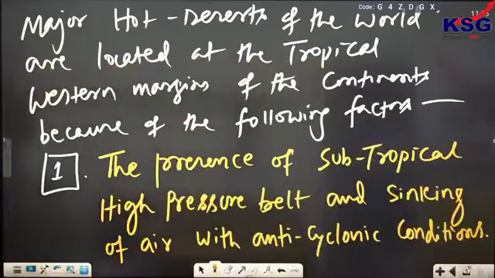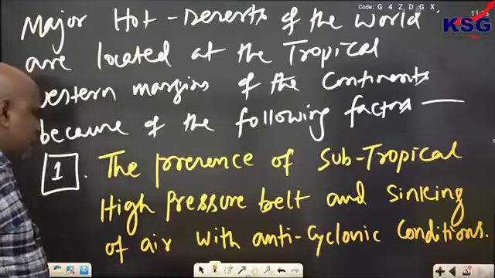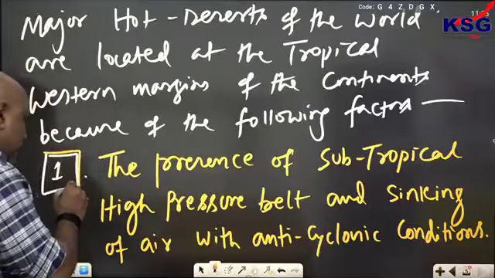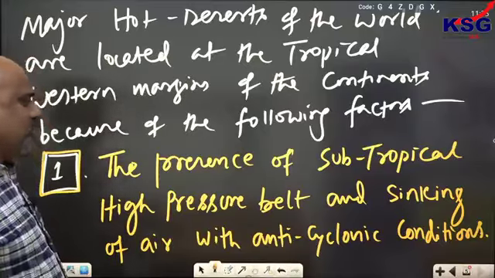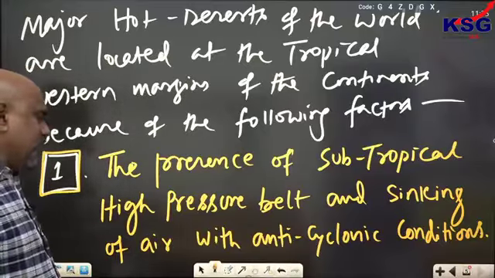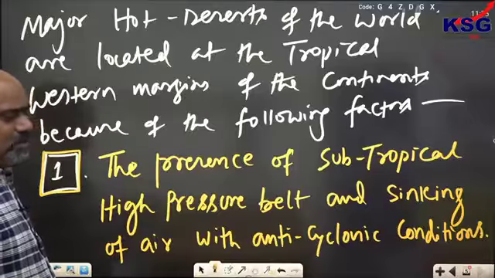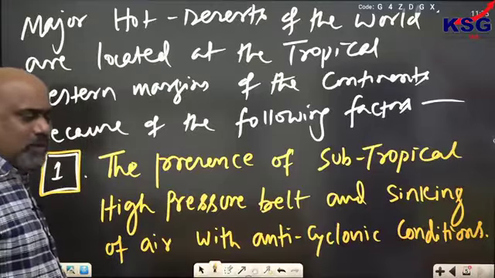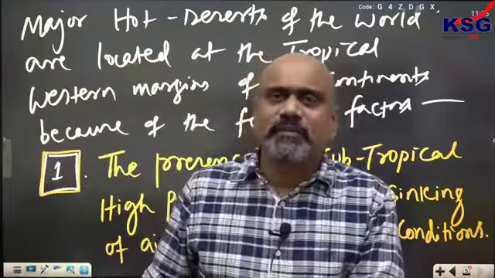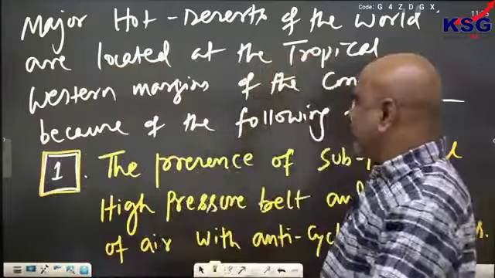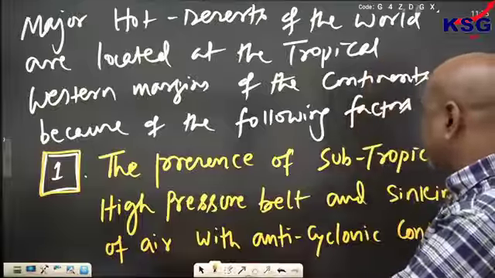I said the presence of subtropical high pressure belt and sinking of the air with anticyclonic condition. Now I told you earlier, high pressure cell will have sinking of air. You remember that? I have already said wherever there is high pressure, there is sinking of the air.